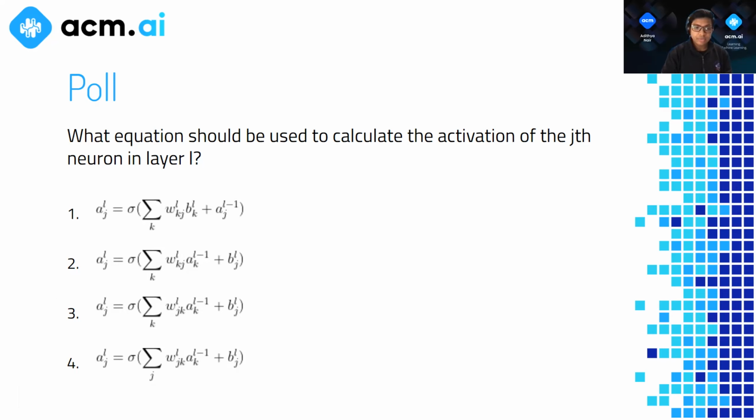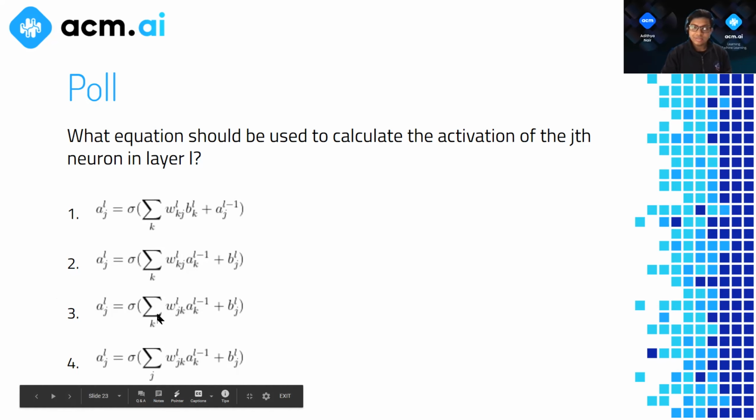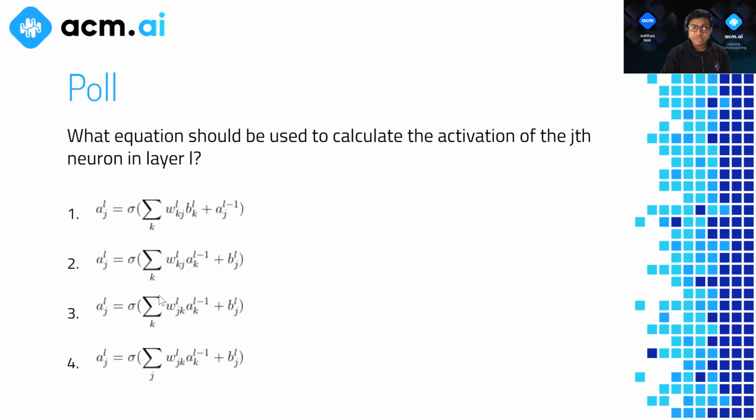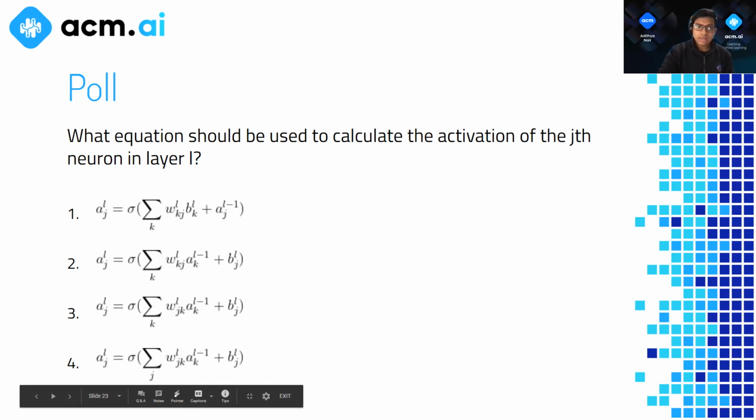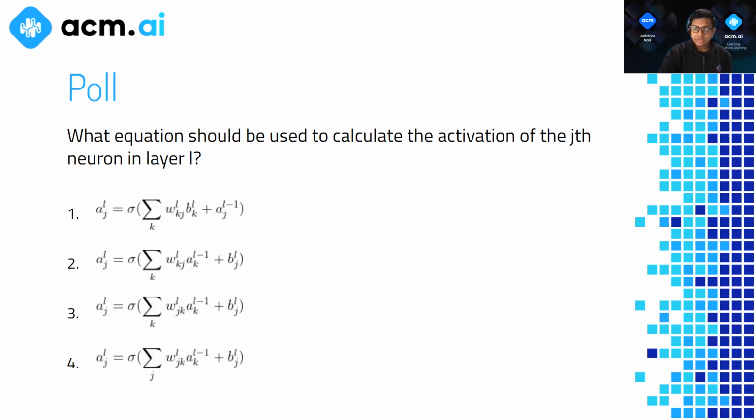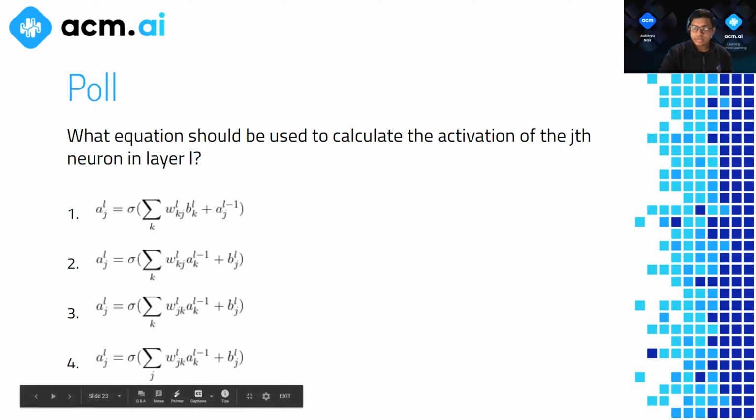In the fourth example, we were looping through J, which means we're looping through all the neurons in layer L. That's not the case. In reality, we're looping through all the neurons in layer L-1, which refers to subscript K. So if anyone has any questions regarding this poll, let me know now. We can take a look at it.